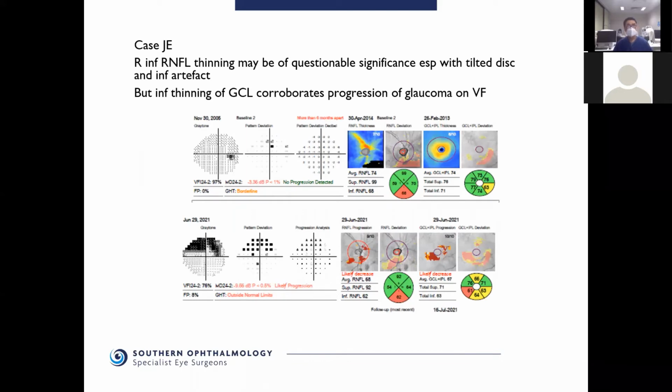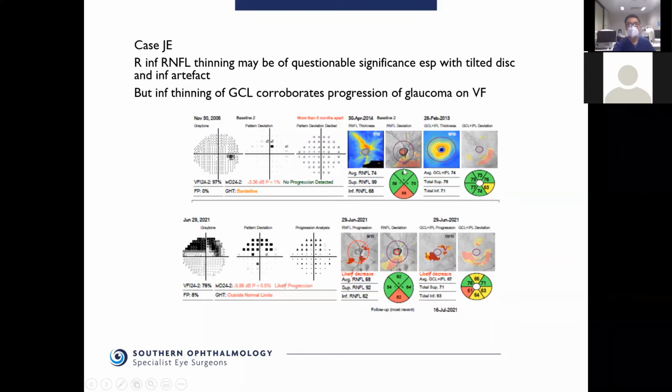So this is the first case, a patient with glaucoma. But at the very beginning, in the first visit, fields were normal. Disc OCT has an artifact inferiorly here, which could most likely be cataract, and causing inferior nerve fiber thinning.